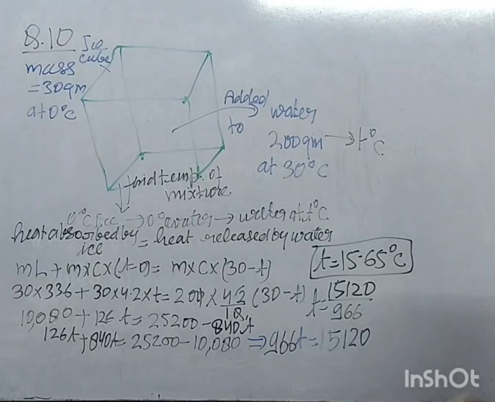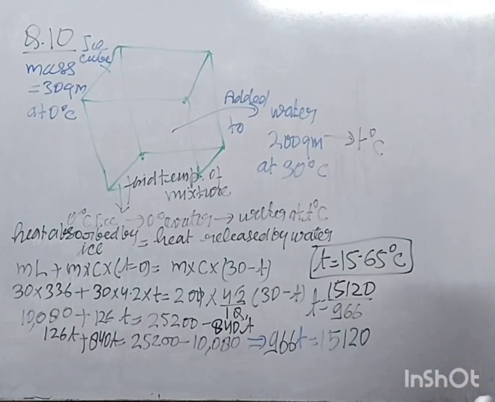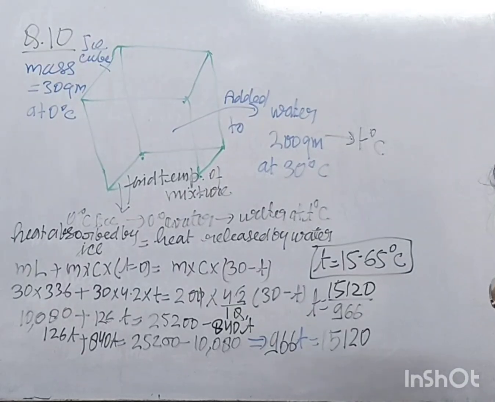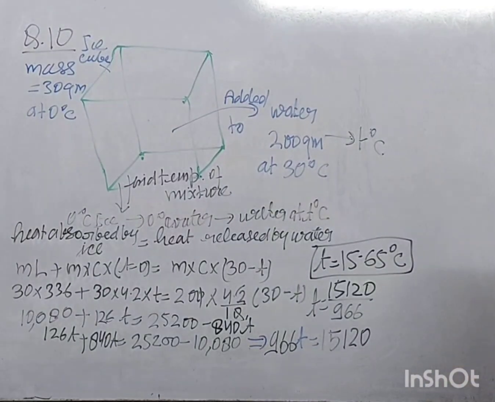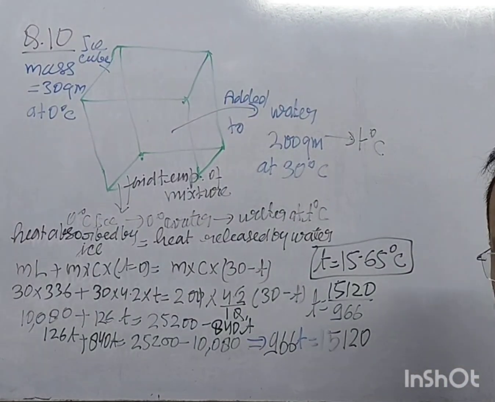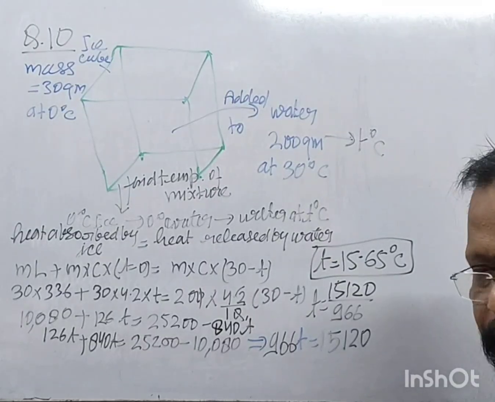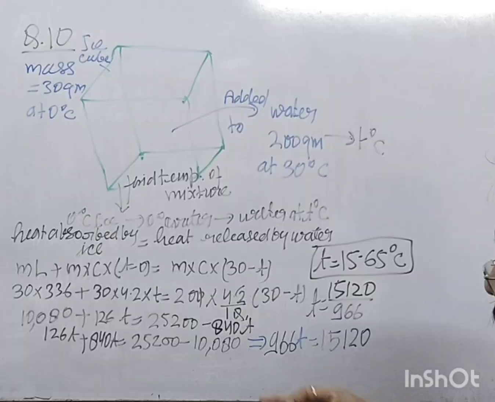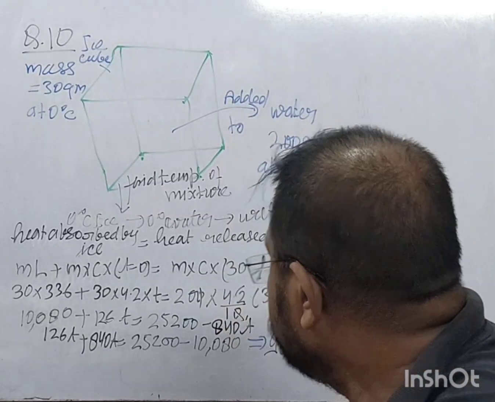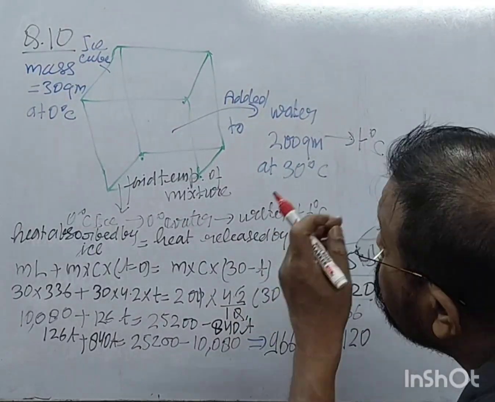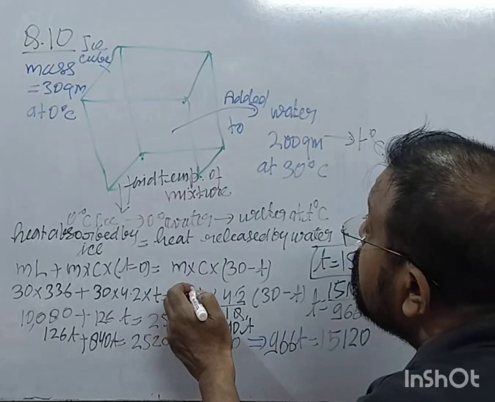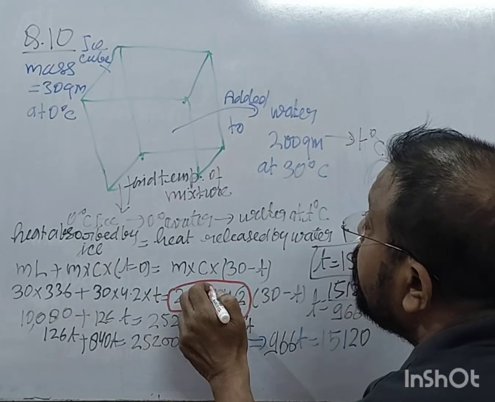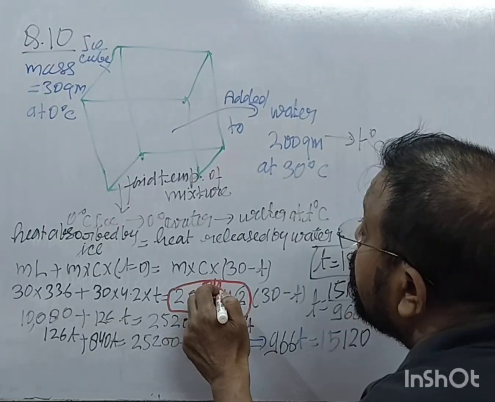All calculation mistakes were there. The logic was correct, right? Silly calculation mistakes were there. When we subtract this, we get 15,120. I had taken 14,400, and when you solve this as a whole you get 840.